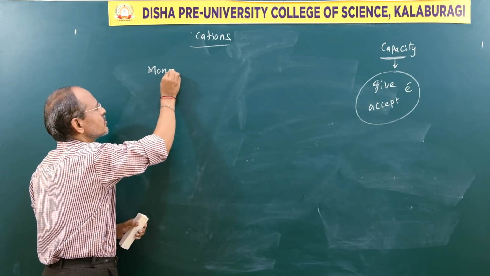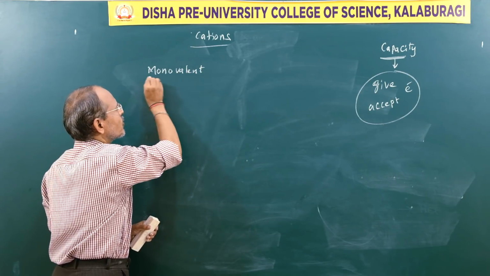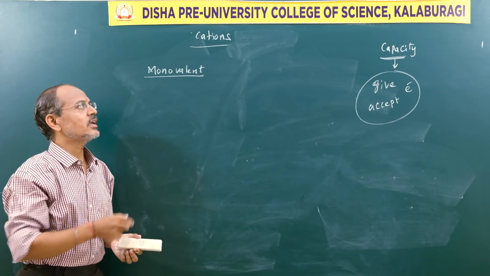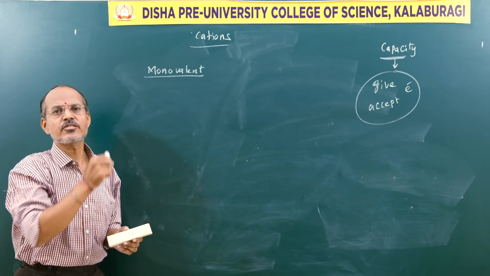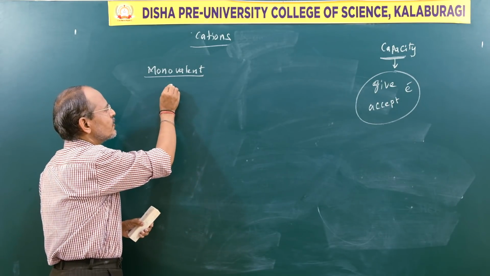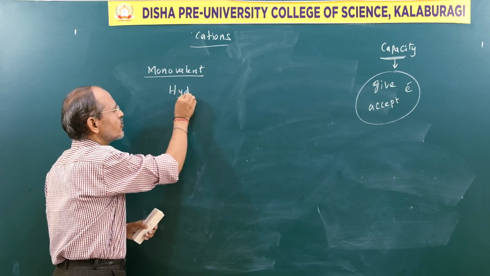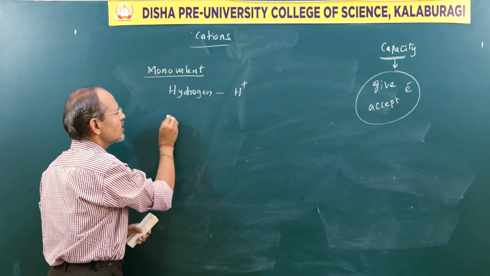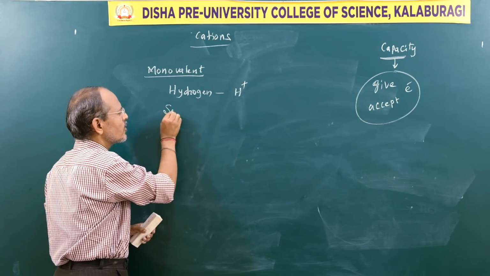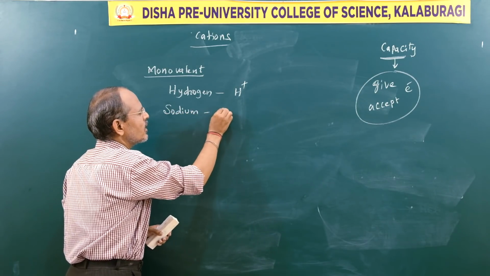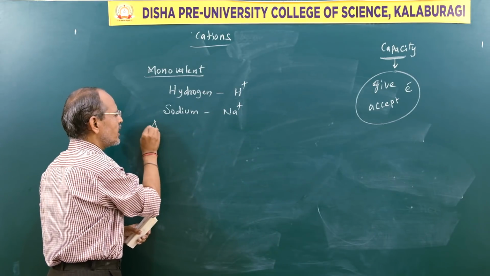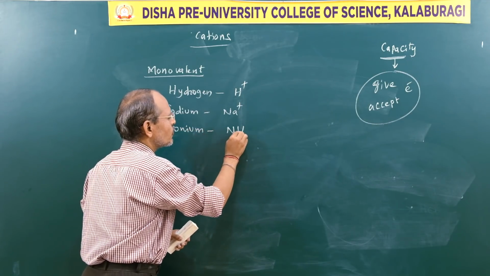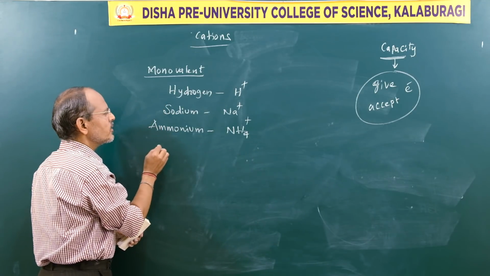Monovalent. In the last class we have already dictated this note. Anyhow, we'll just brief about that. Monovalent. First one is hydrogen. Only a few I am going to present here. Hydrogen, H plus. Then sodium, Na plus. Ammonium, NH4 plus.